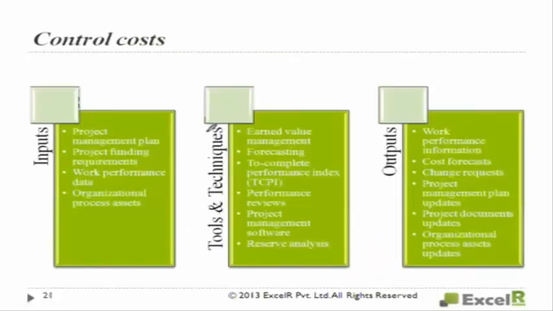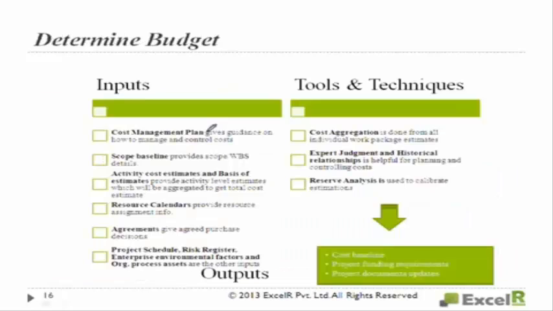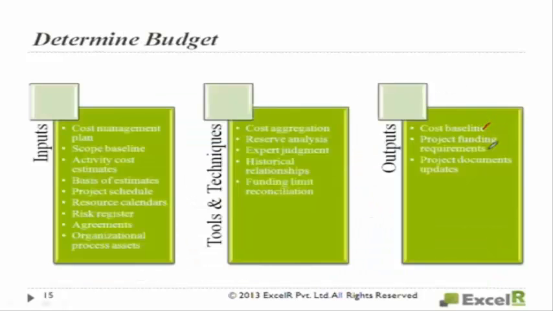Okay, so we'll have things like cost baseline and project funding requirements. Project funding requirements is when do you need this funding, whether it is done on a quarterly basis or annually, or at one time initially the money is given.